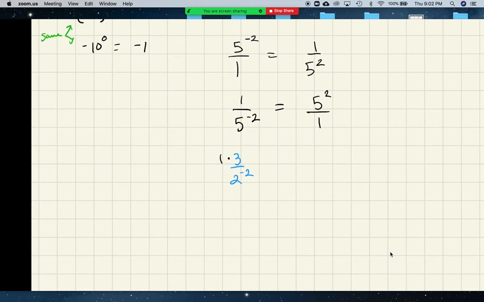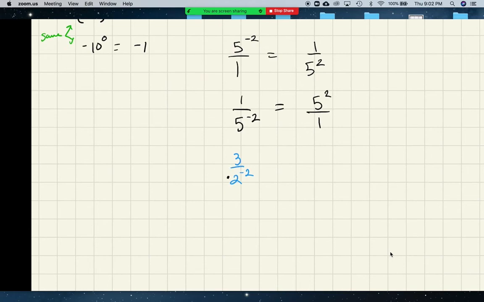It doesn't change anything. 1 times 3 is still just regular 3. Same with the bottom. I could do 1 times 2 to the negative 2. That doesn't change anything.